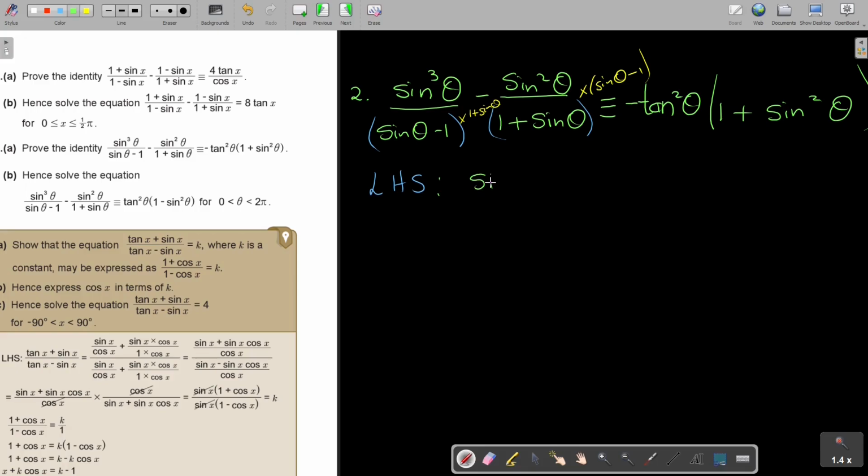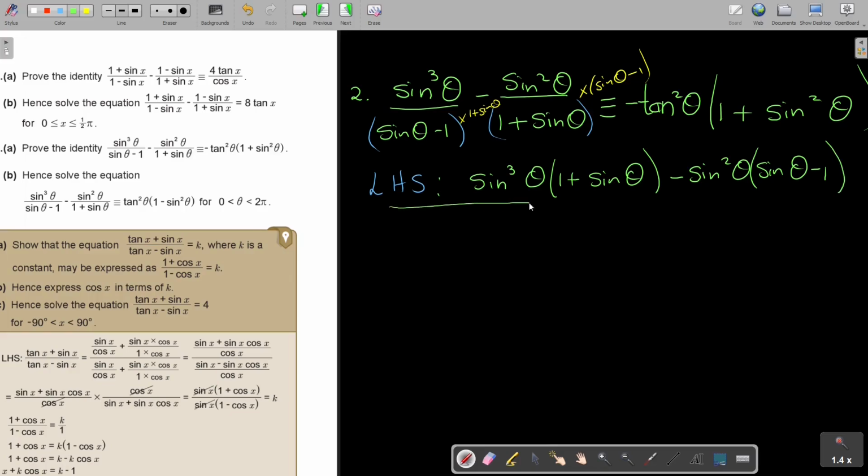So it's going to be sin 3 theta, and it's going to be 1 plus sin theta, the opposite denominator, minus sin squared theta, and it's going to be sin theta minus 1. And it's going to be over my denominator, sin theta minus 1, 1 plus sin theta.